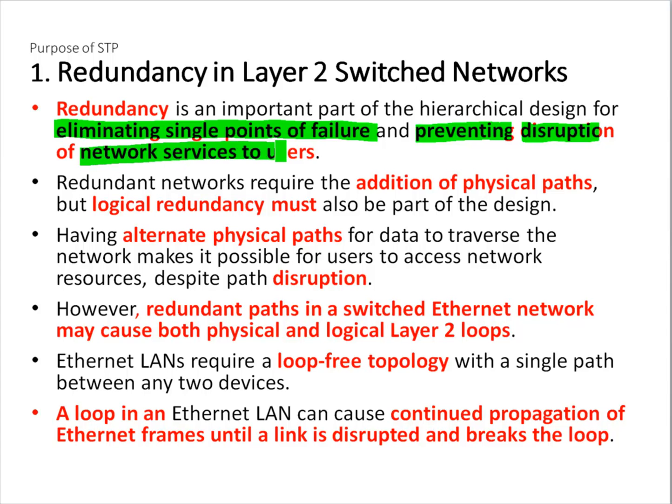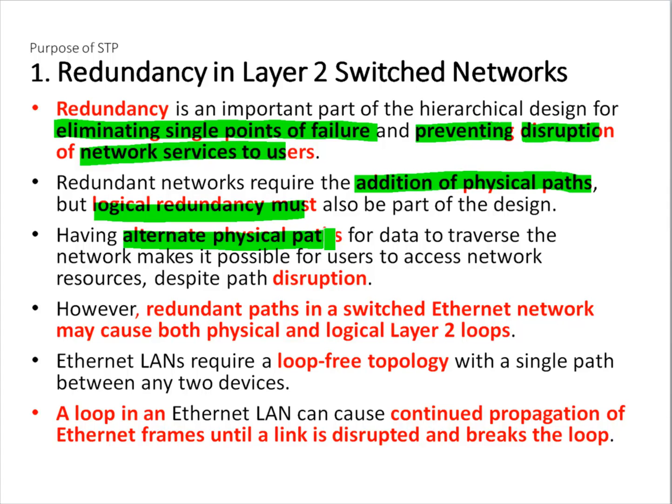This is the major thing. An additional physical path gives you an extra path, and logical redundancy will also be available. Physical redundancy and logical redundancy will both be available. It is going to provide an alternative path for you.